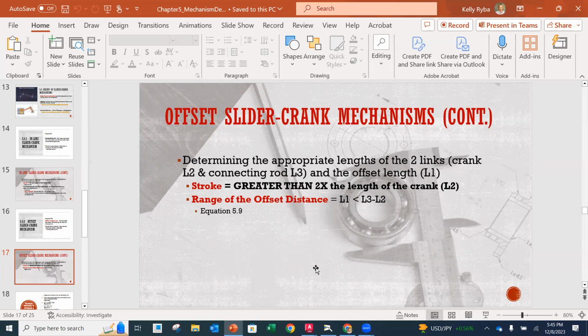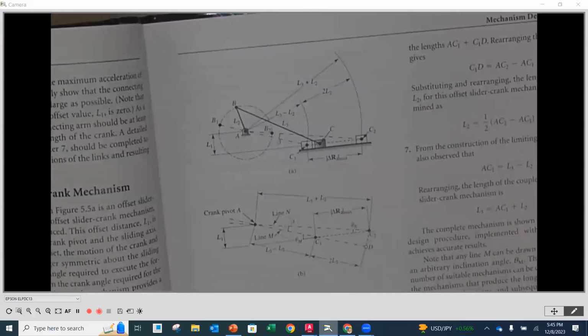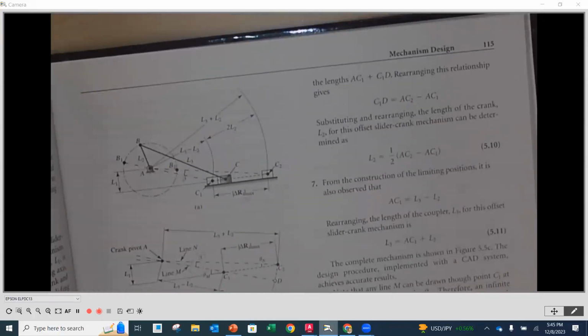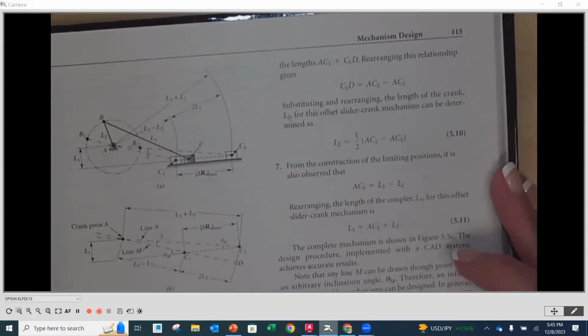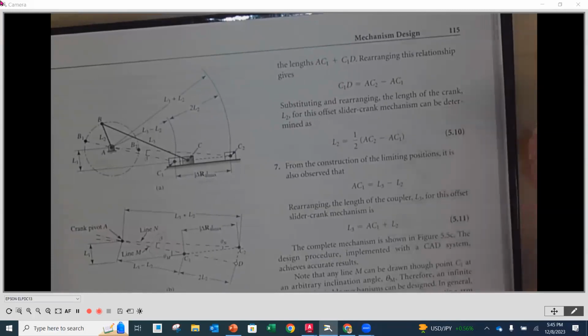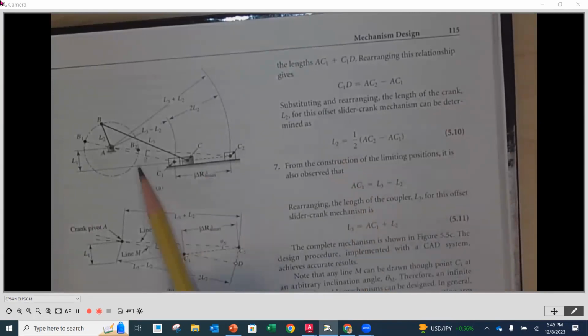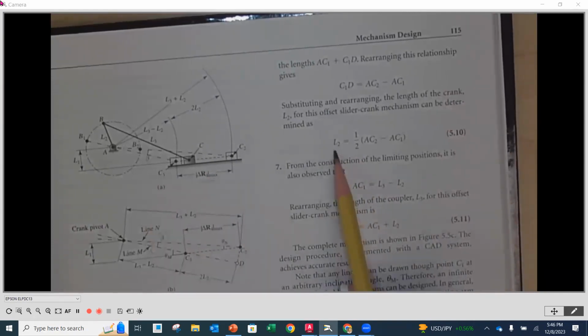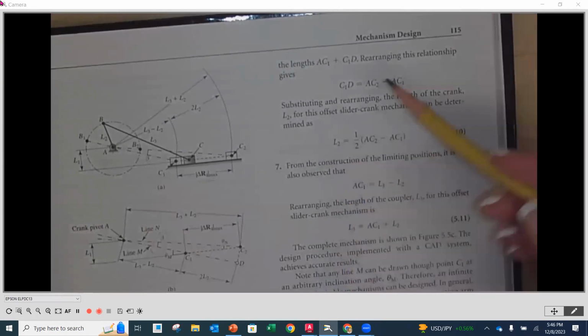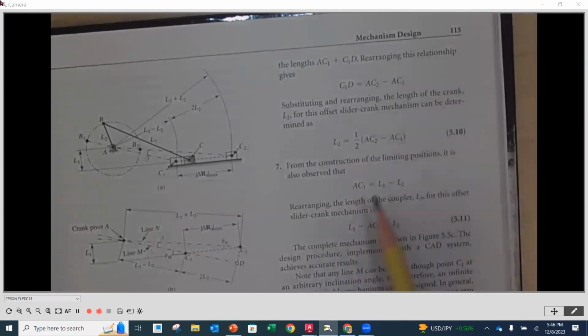So if we take a peek underneath and look at some of these distances. These relationships are going to come into play when you lay out and actually determine some of these values. So our L2 here, again for our offset slider crank mechanism, we'll calculate to be equal to 1/2 times AC.